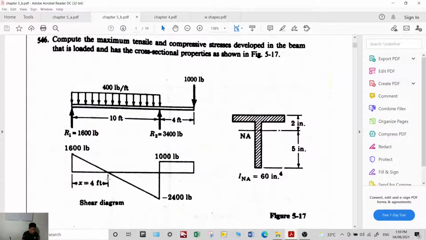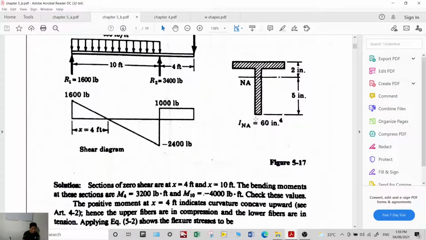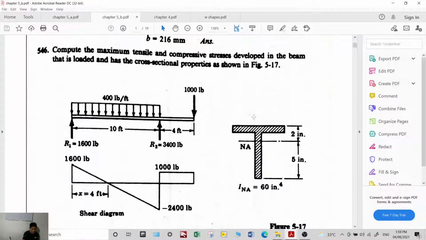Kani duha ang zero shear. So compute the maximum tensile and compressive stress developed in the beam that is loaded and has the cross-sectional properties as shown. Okay? So, compute na nato ang maximum tensile and compressive stress.